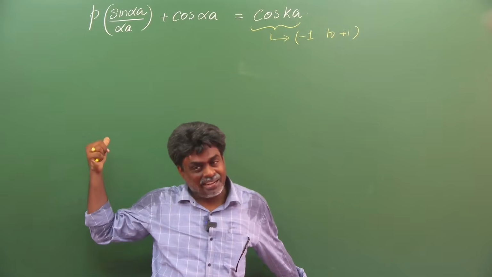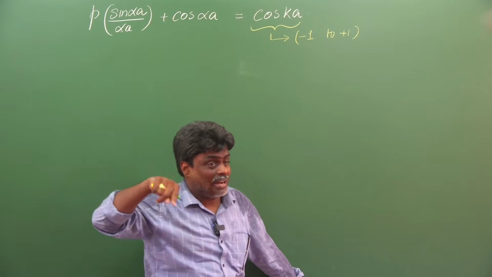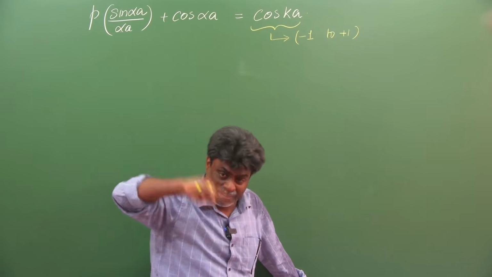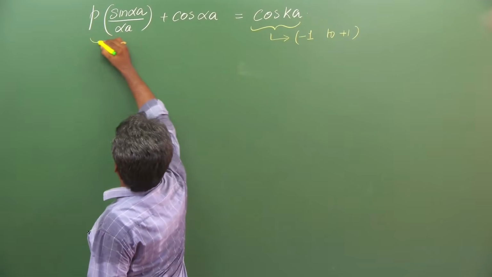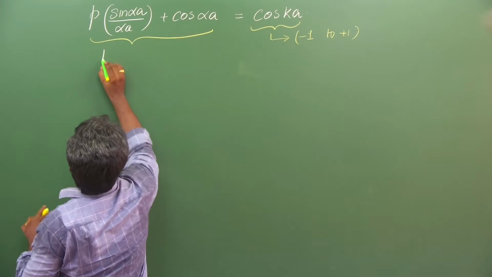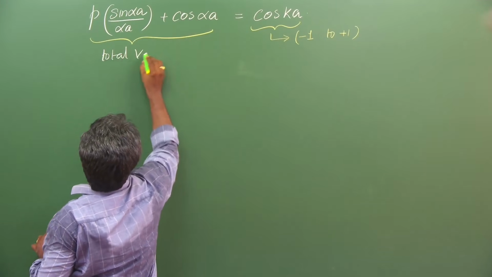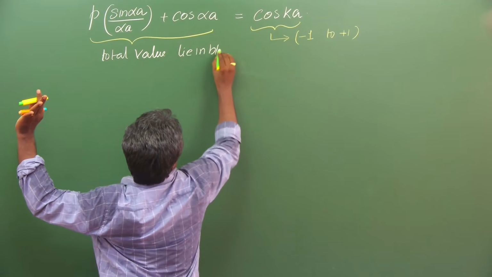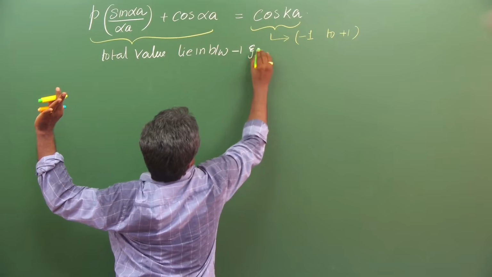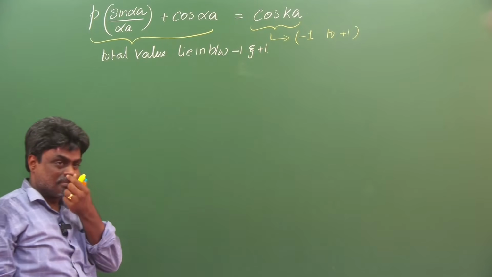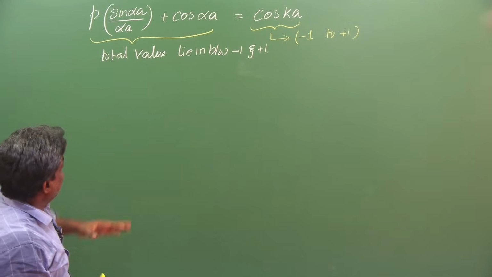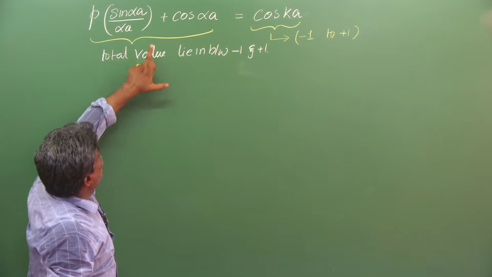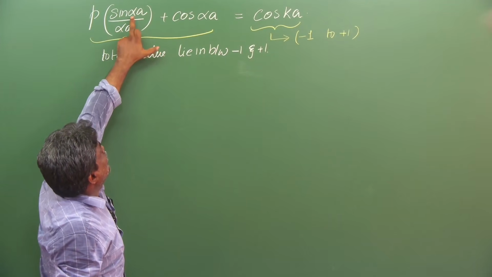That's why the left hand side total value also lies in between -1 and +1.